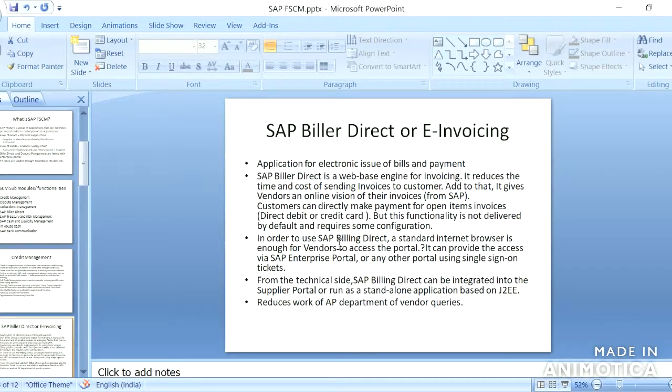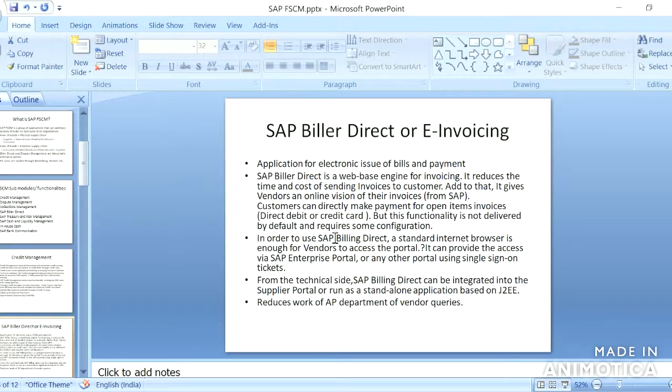In order to use SAP Biller Direct, a standard internet browser is enough for vendors to access the portal. There is an enterprise portal which works web based, and it was linked to SAP and to the portal.